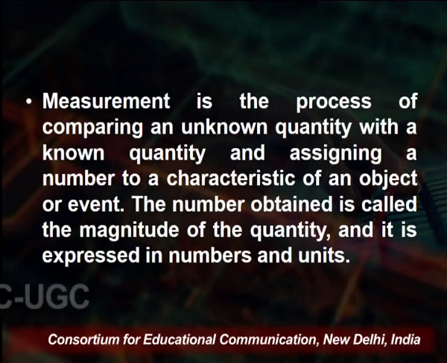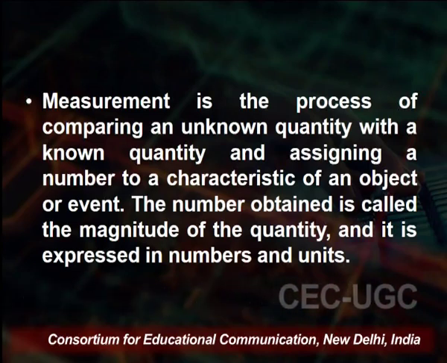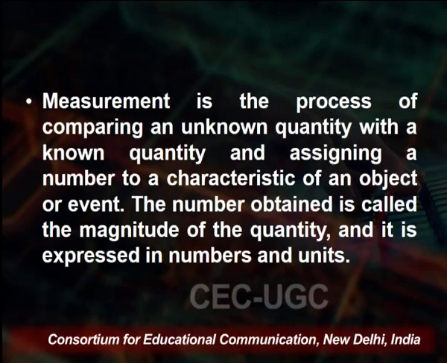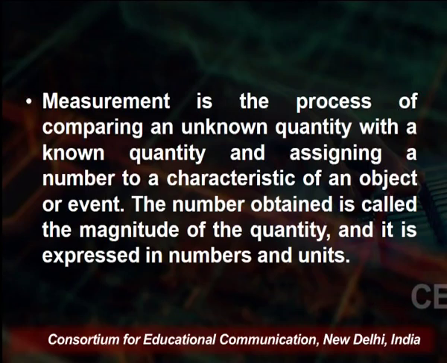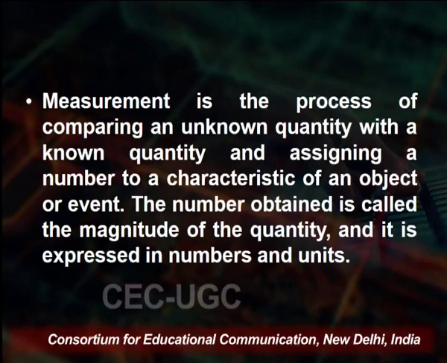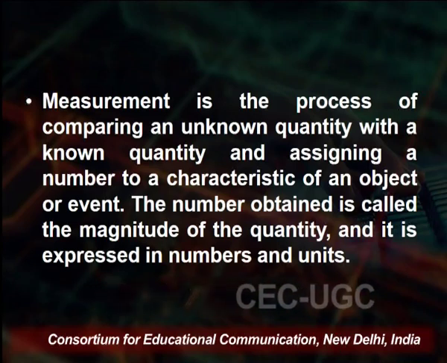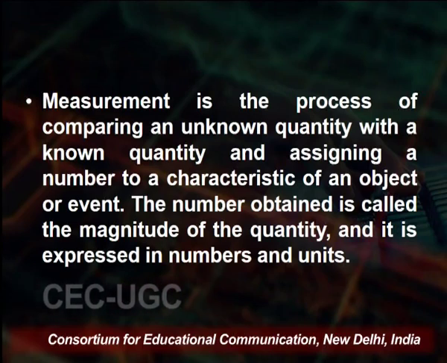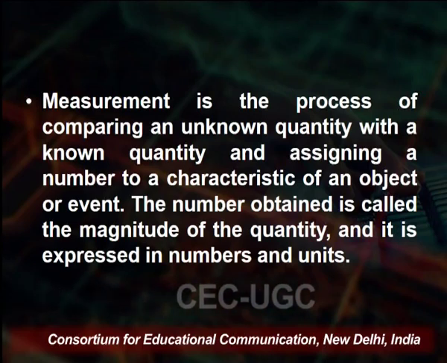In measurement, we have a known quantity and we compare the unknown quantity with the known quantity, assigning a number to a characteristic of an object or an event. Then we can define the characteristics of that object, event or thing that we are measuring.